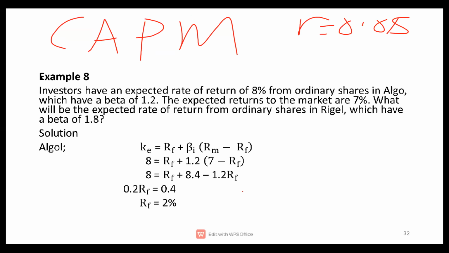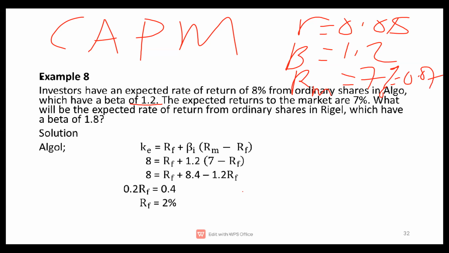Now the equity shares in Algo have a beta of 1.2. The beta is given as 1.2, and the market return, which is RM, is 7%, which is the same as 0.07.